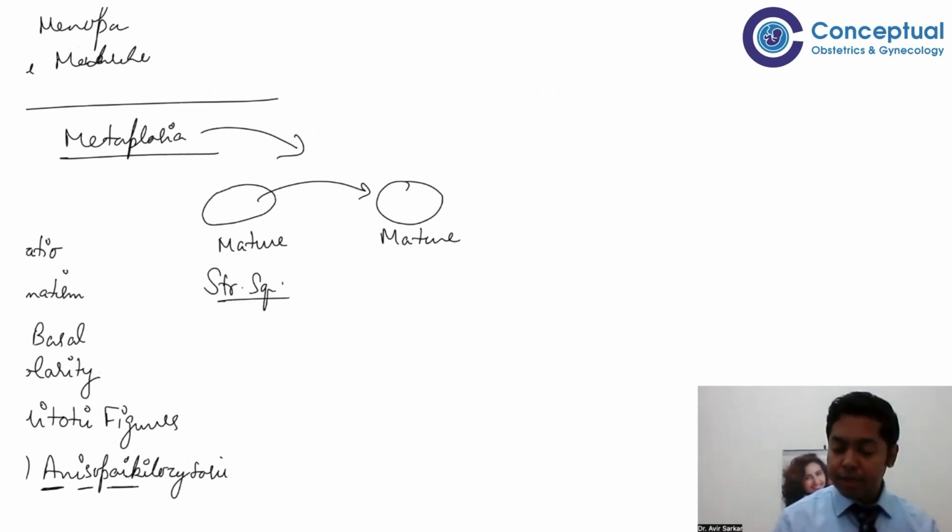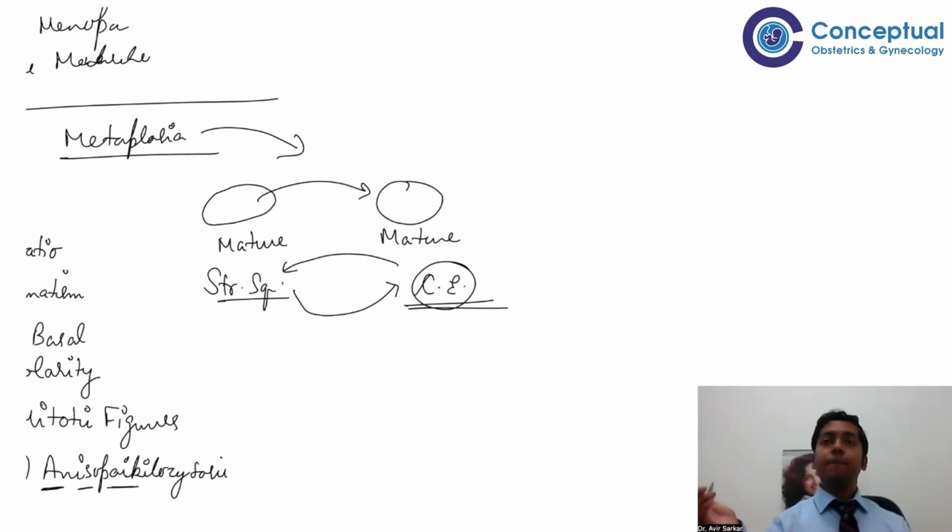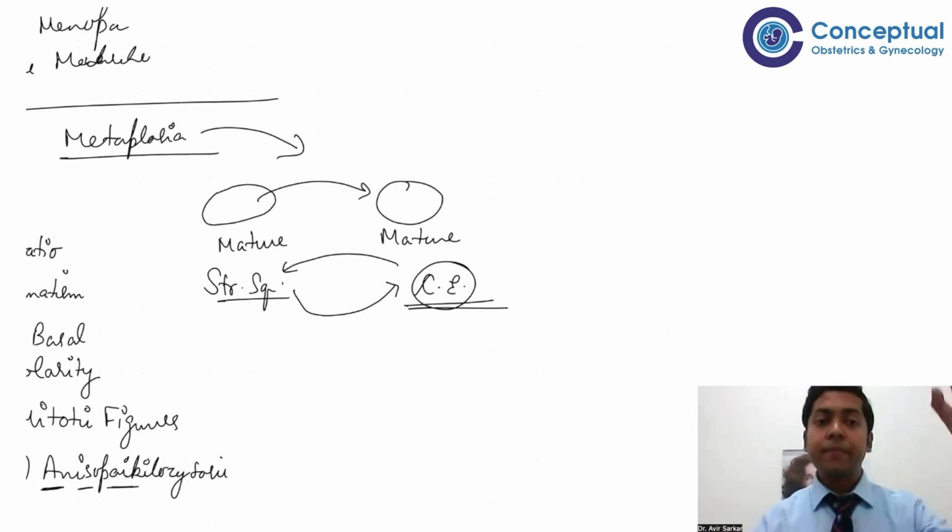It got changed into columnar epithelium. So this will be called metaplasia. Similarly, columnar epithelium can get changed to stratified squamous epithelium. So these are all mature types of cell lineage, and this is called metaplasia.